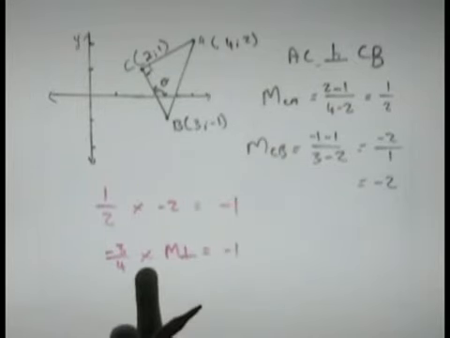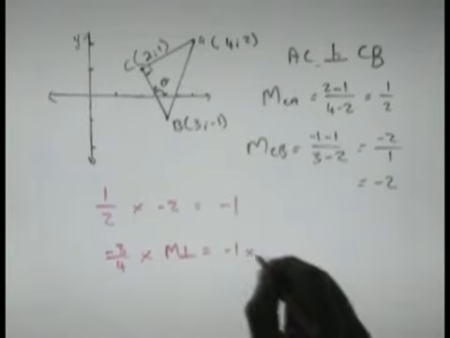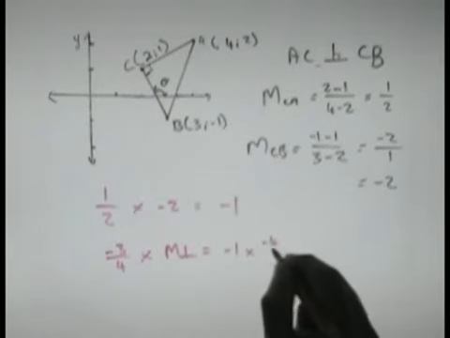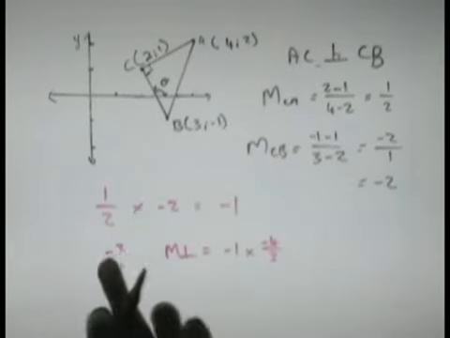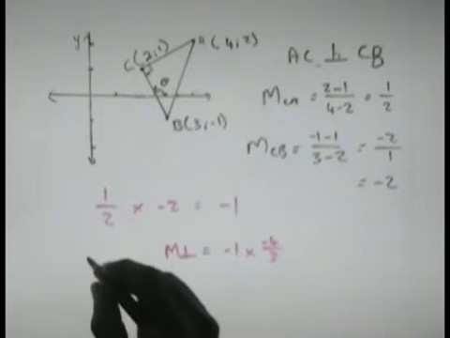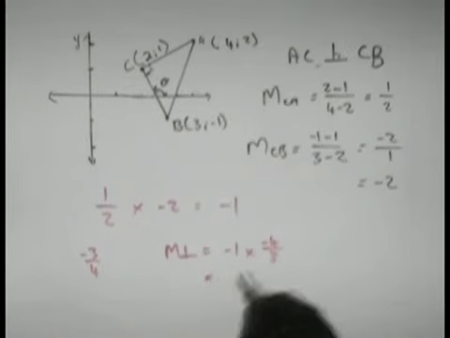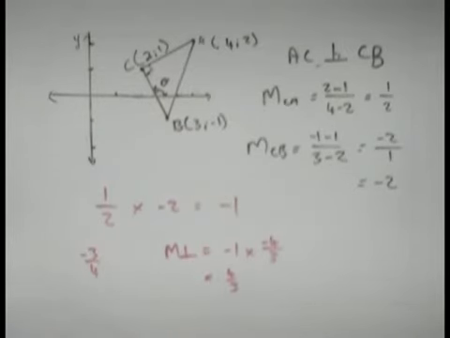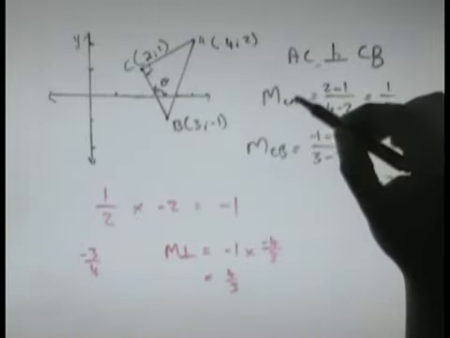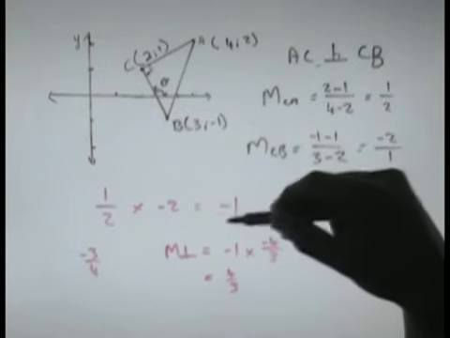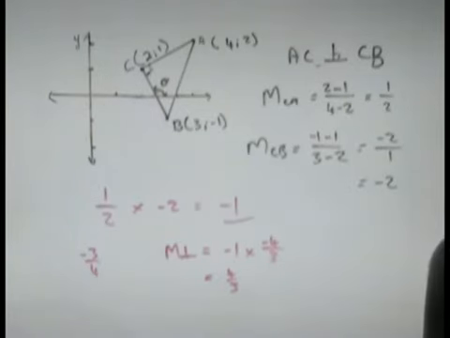So to get rid of that times negative 3 over 4, we're going to multiply by negative 4 over 3, which is going to give us an answer of positive 4 over 3. So the perpendicular gradients multiplied by each other are always going to give us an answer of negative 1.